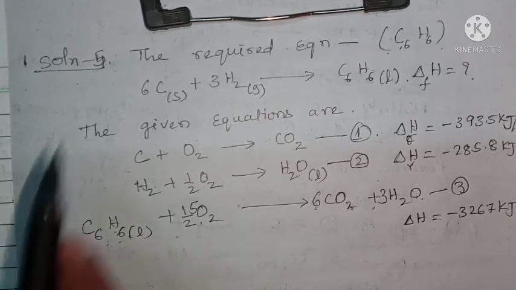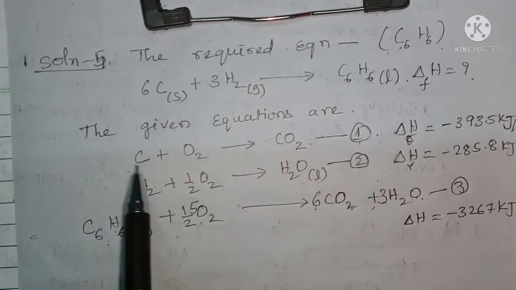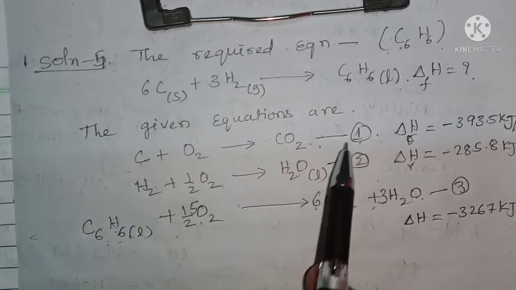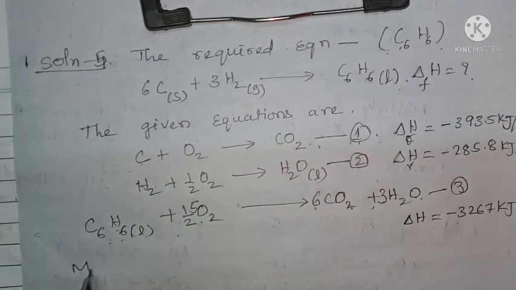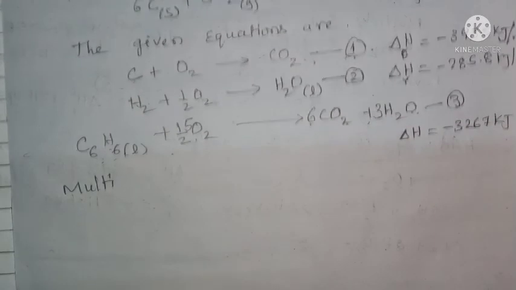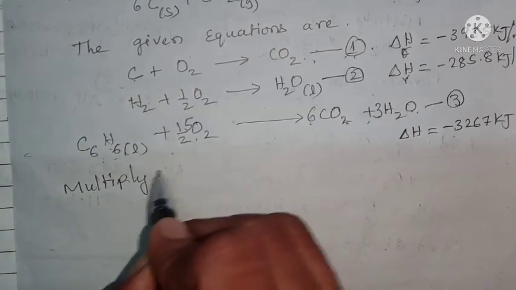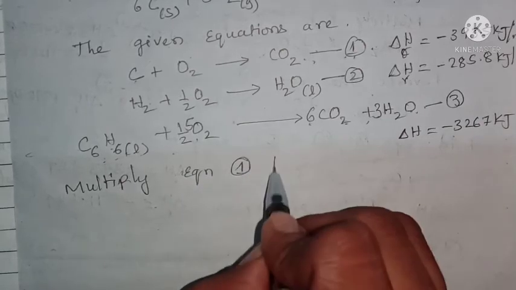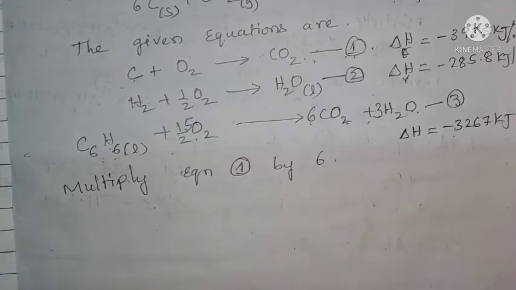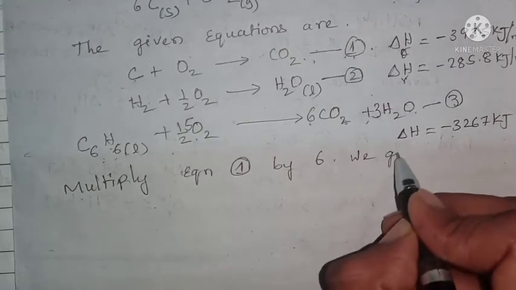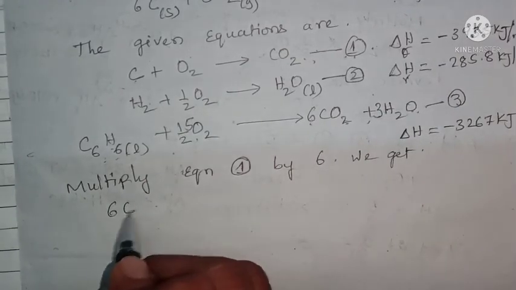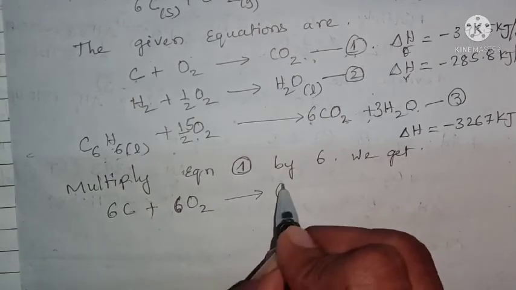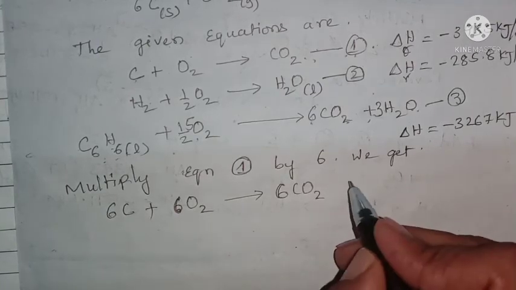Before that, let us go for equation 1. Here carbon is there and I require 6 carbon atoms. So multiply equation 1 by 6. We get 6 carbon plus 6 oxygen gives 6 carbon dioxide.